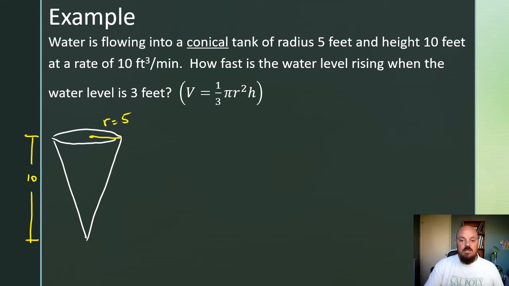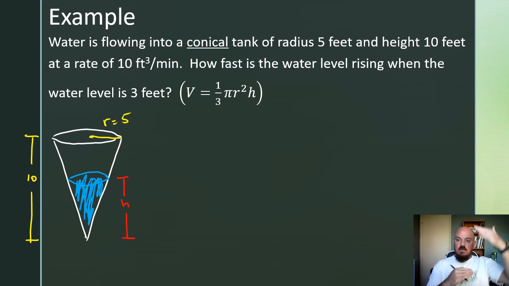Now, there's some water in it, so let's put some water in it again. And see how when I put that water in there, what it makes is a smaller cone inside of the bigger cone. And we're measuring the volume of that smaller cone, how much water is actually in there. Now what we have in this problem is variables, because as water pours in here, the water level, I'm going to call it h for height, rises.